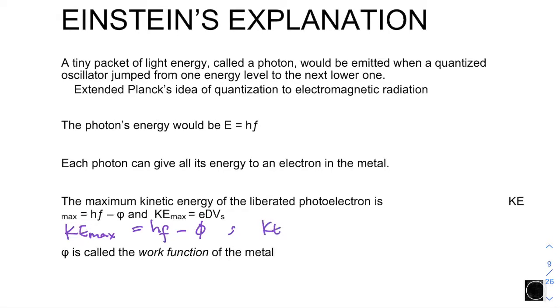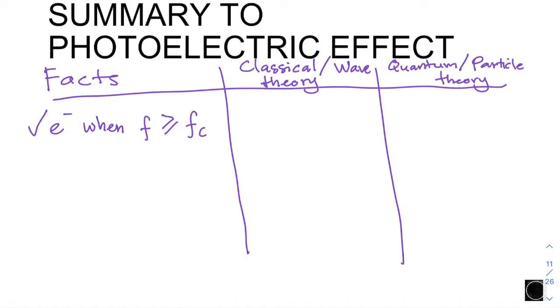And it is known that KE max equals e delta Vs. So this is actually explaining the same thing as the output that we discussed just now: an electron is ejected when the incident light has a frequency bigger than or at least equal to the cut-off frequency, the minimum required frequency.